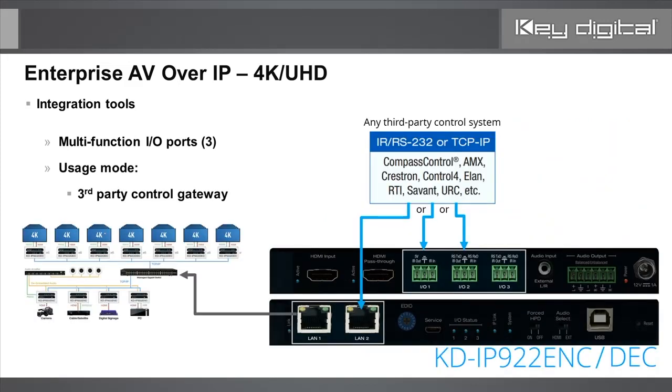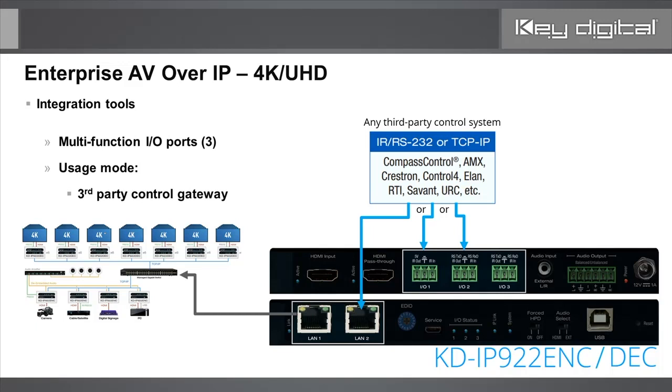So one of the most common uses is to use any third-party control system and plug in via IR, RS-232, or TCP/IP into the IO or IP ports. All they need is a single port. You don't have to cascade this. You don't need one port, one connection from the control system per IP922.